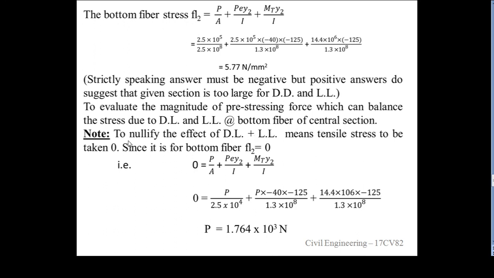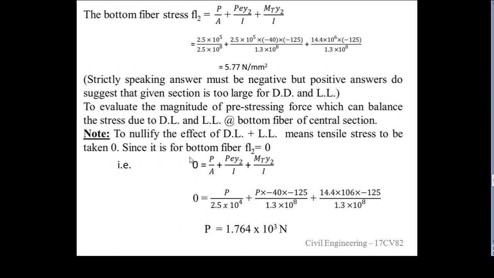To nullify the effect of dead load plus live load, the tensile stress is taken as 0. Since it is for the bottom fiber, FL2 is equal to 0. That is, the bottom fiber stress FL2 represents 0 here.